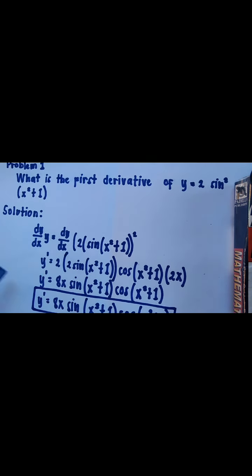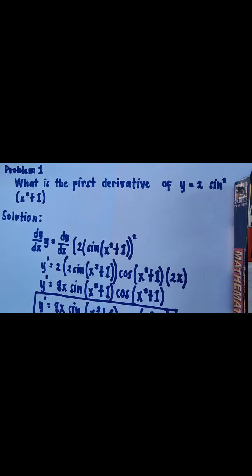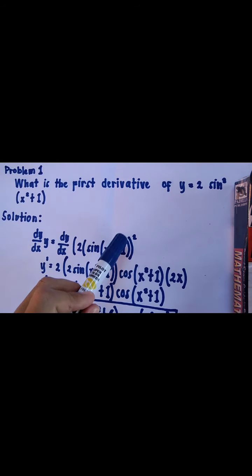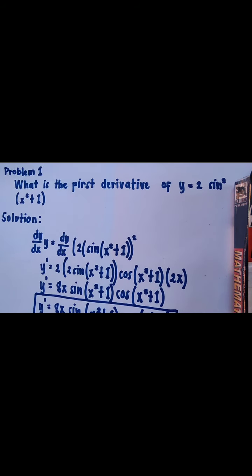So, here's the solution. The derivative of y, dy over dx, equals 2 times sine of (x squared plus 1), raised to 2.